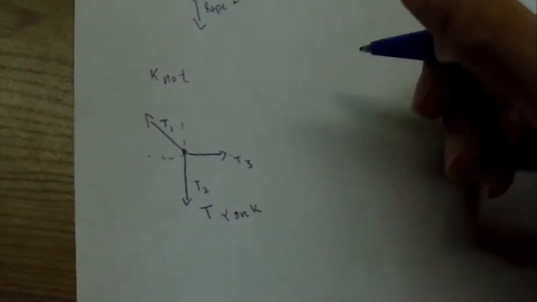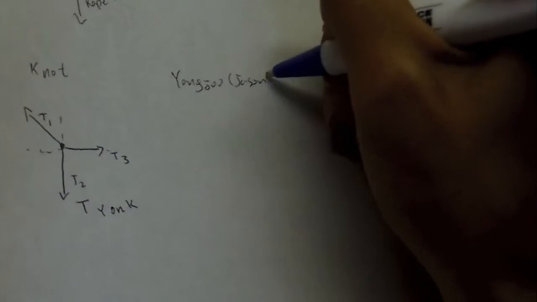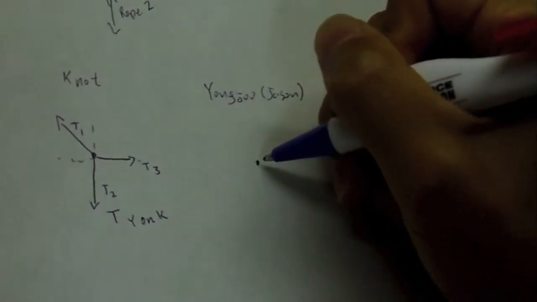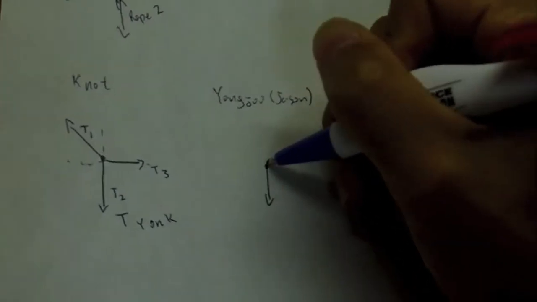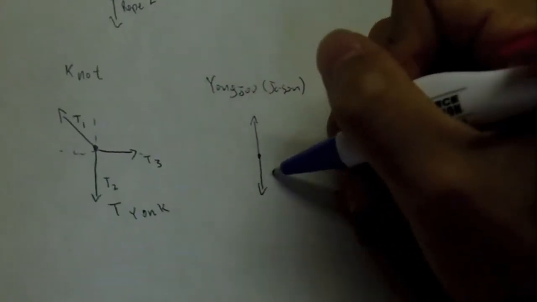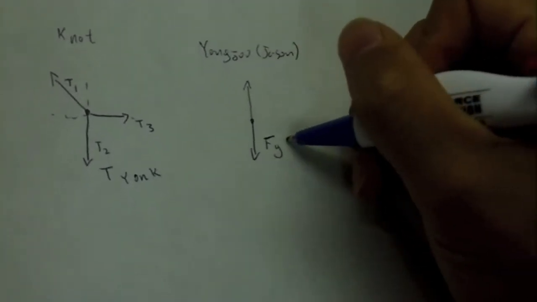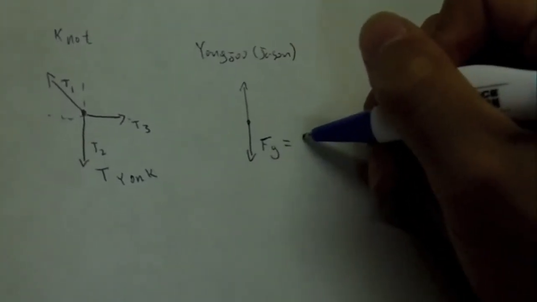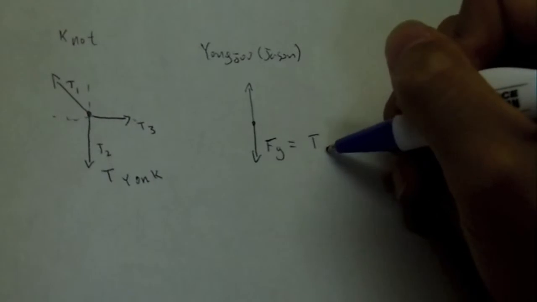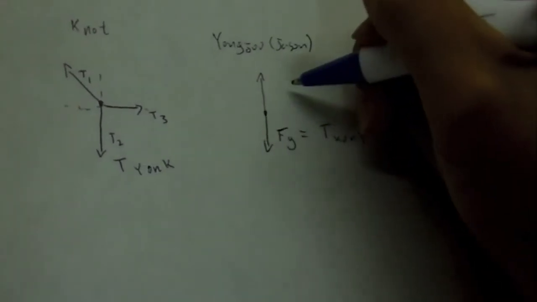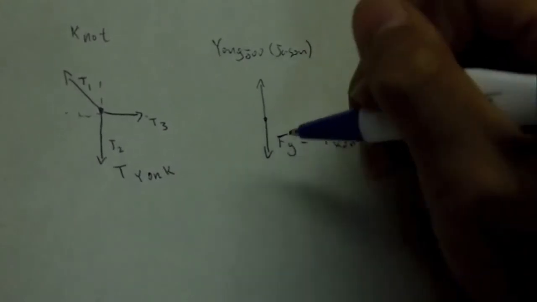And then there's the free body diagram for Youngju. There are going to be two forces: force going down and force going up. It's going to be F of G, which I'm also going to call T of knot on Youngju.